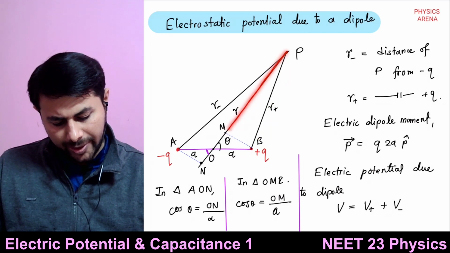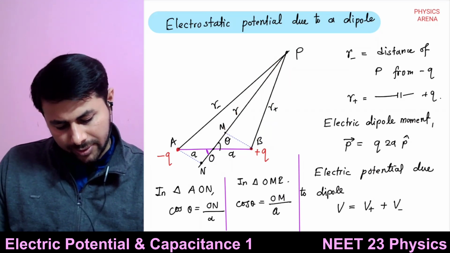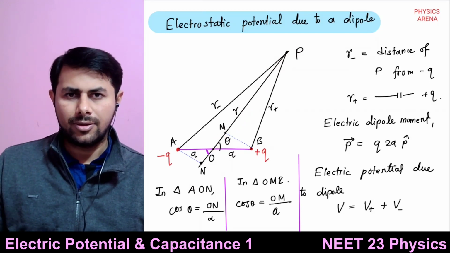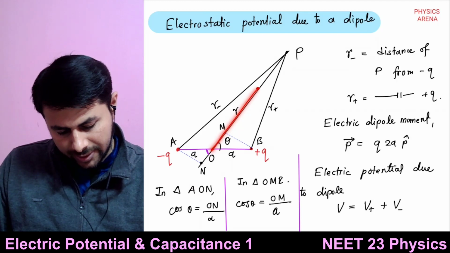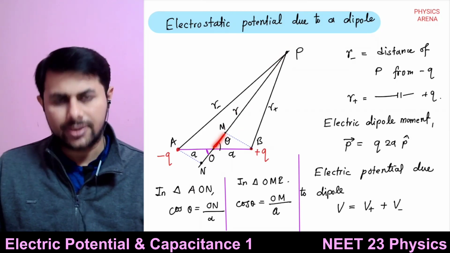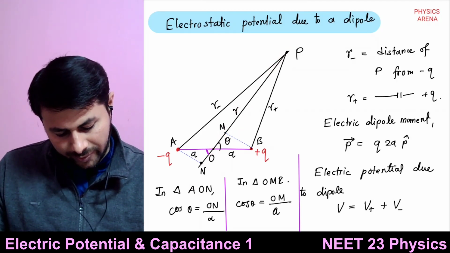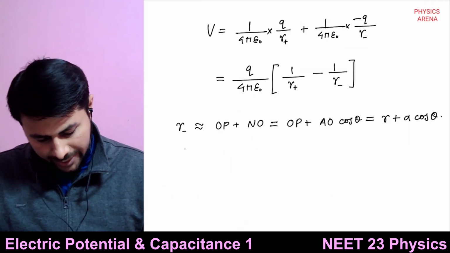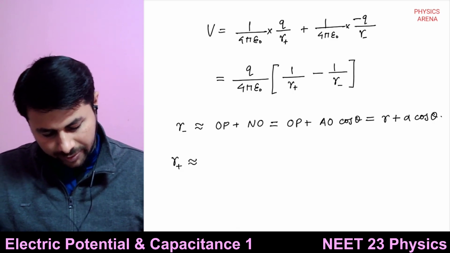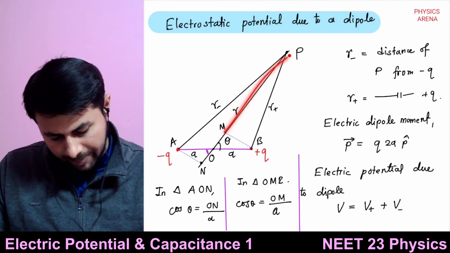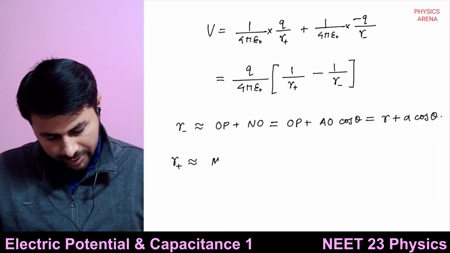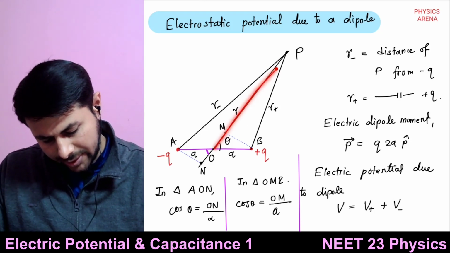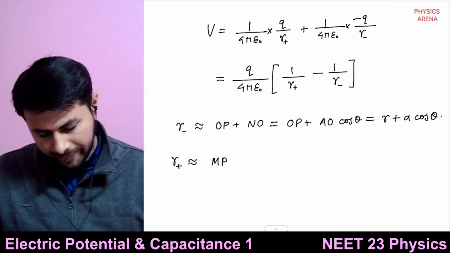And how do we find MP? MP is equal to this distance minus this much distance. So we can say R plus is nearly equal to MP, which is OP minus OM.